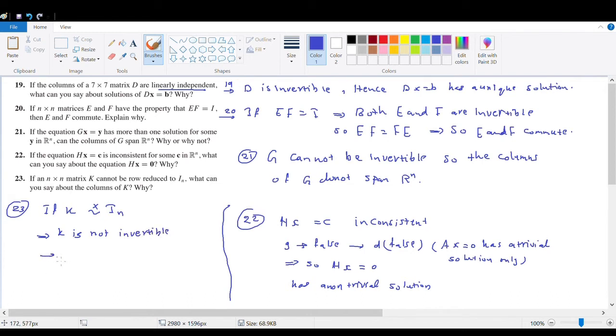So the columns of K are linearly dependent, and they do not span Rn.